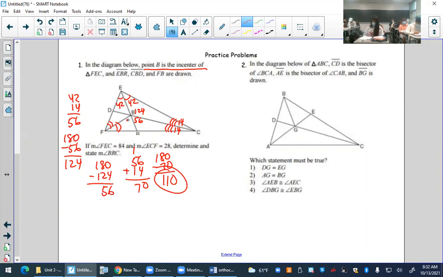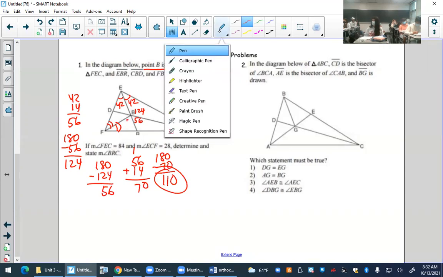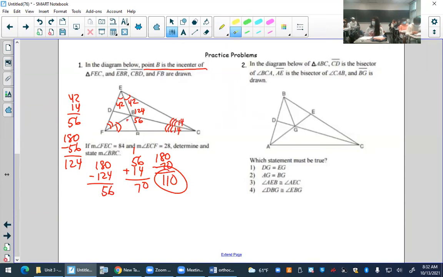I just did 42 plus 28 and then subtracted, got 70, and subtracted that from 180 and got 110. Okay, say it again. 42 plus 28, because you know that. Oh, that's a great way. Okay, let me show that one. So you said the big triangle that you used is this one, right? Yeah.